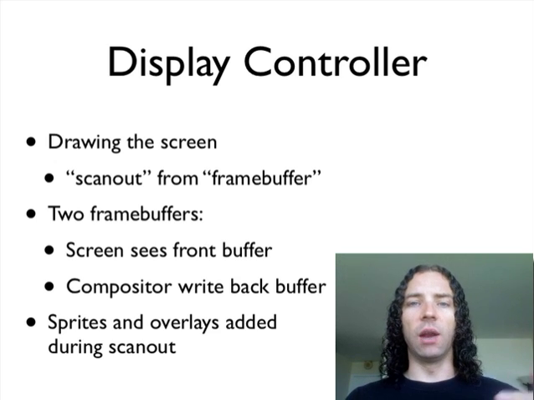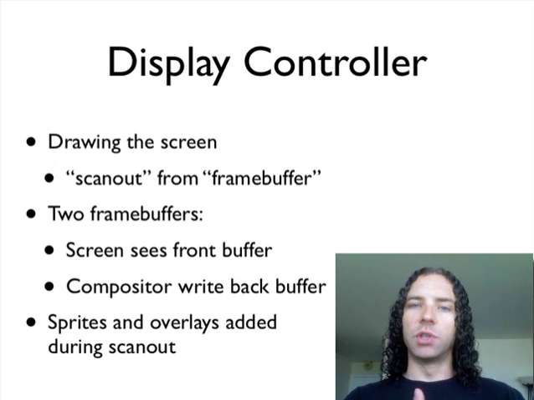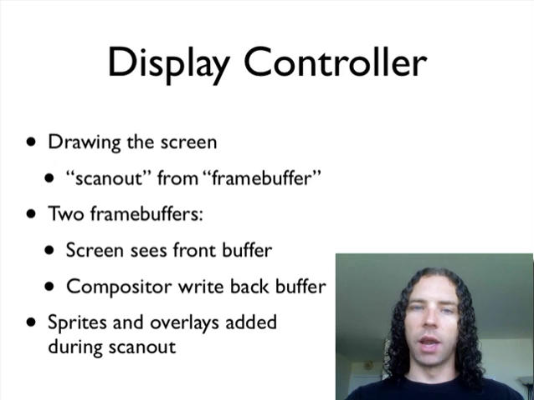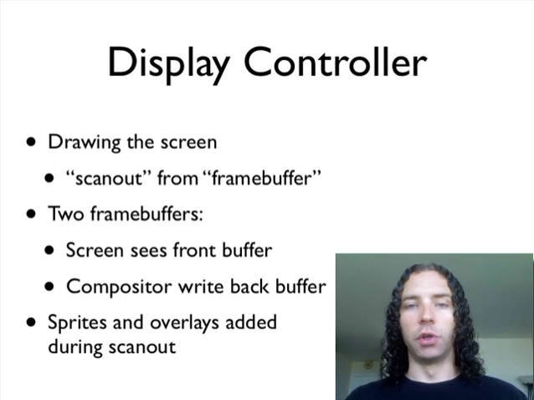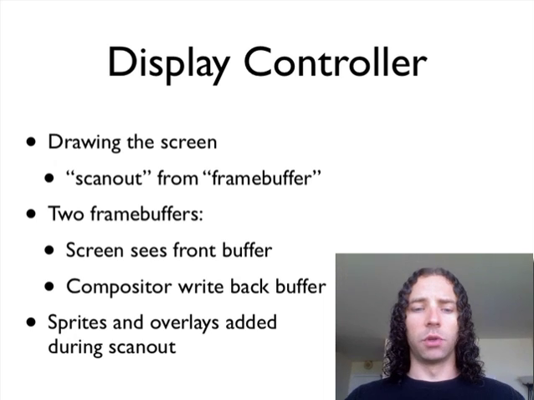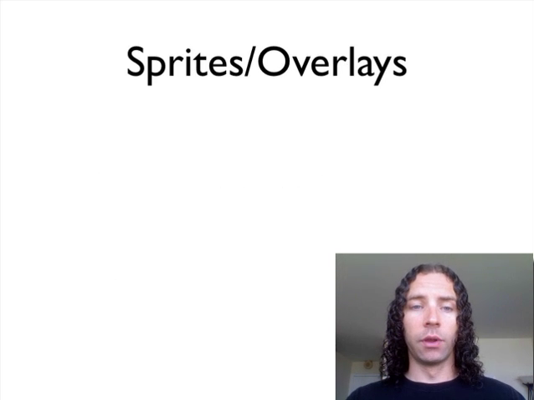So that's how you get one frame followed by another. You're always writing to the one that's on the back, and once you're done writing, you swap, and then you start writing again. Because now the front buffer has become the back buffer, so you can use it for your next frame. Sprites and overlays, which I'll talk about in a bit, those are added during the scan-out phase. So these actually do not go into the frame buffer.